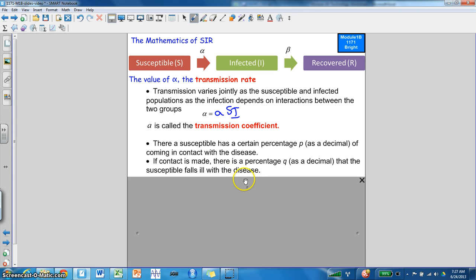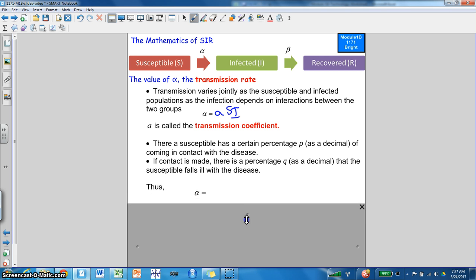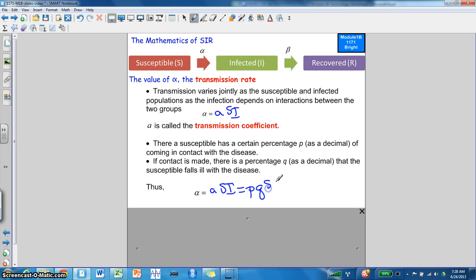Even if you come in contact, you may not get it. Think of the flu. You're around people who have the flu all the time, yet you don't fall ill, or you may fall ill. So alpha, this a value, we could represent as p times q, times S I. So the percentage of coming in contact times the percentage of falling ill with the disease.